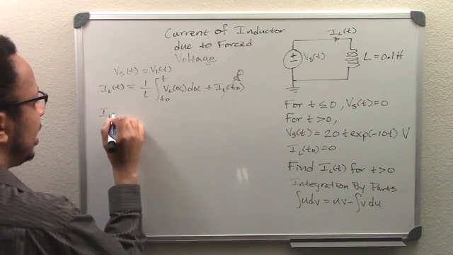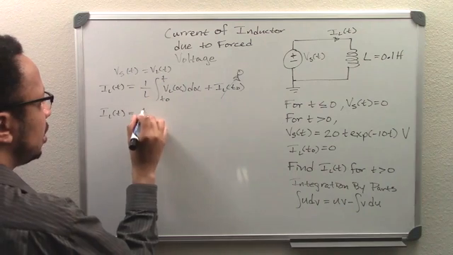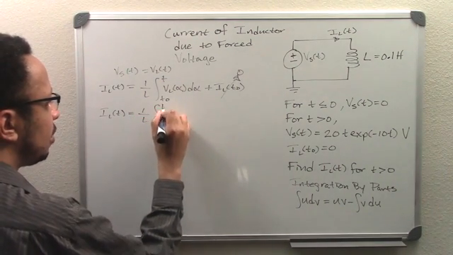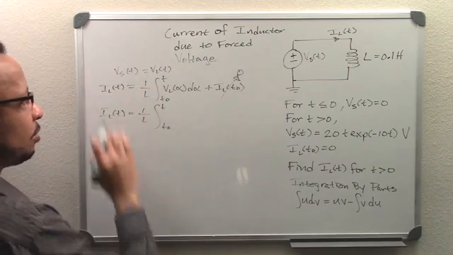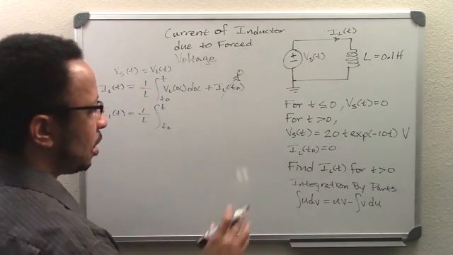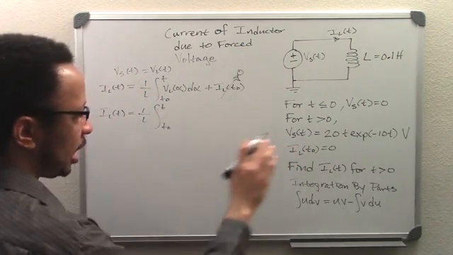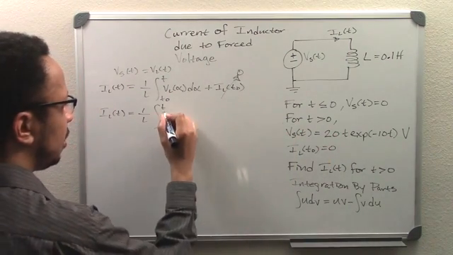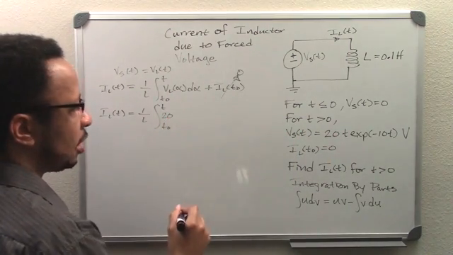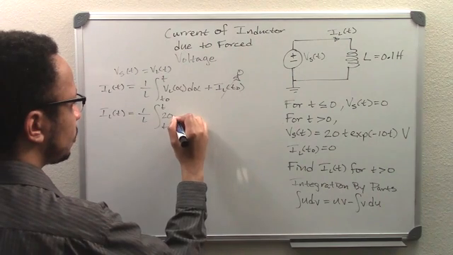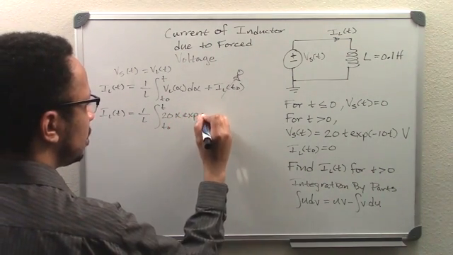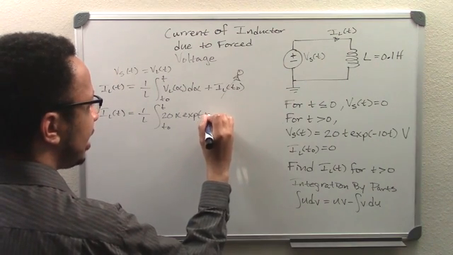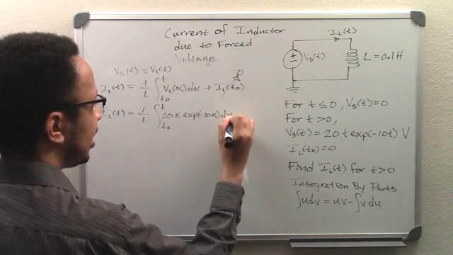We'll go ahead and make the appropriate substitutions. IL of t is equal to 1 over L, integral between t and t sub 0, and VL of t is equal to Vs of t. So we replace it with this function: 20 times alpha exponential negative 10 alpha d alpha.